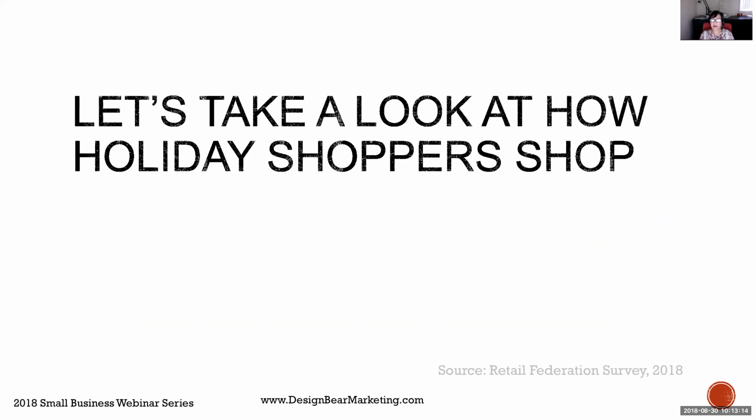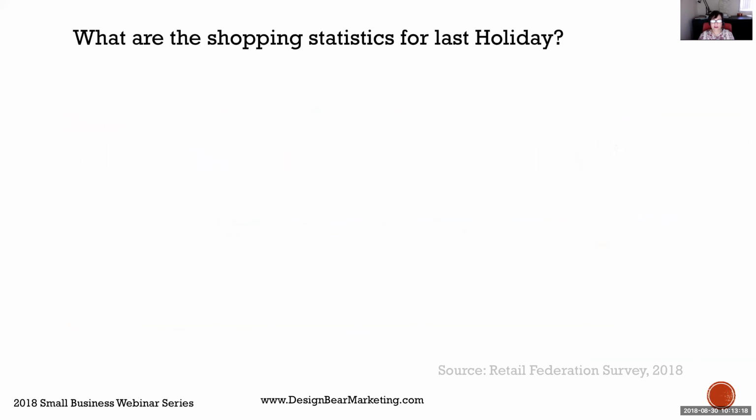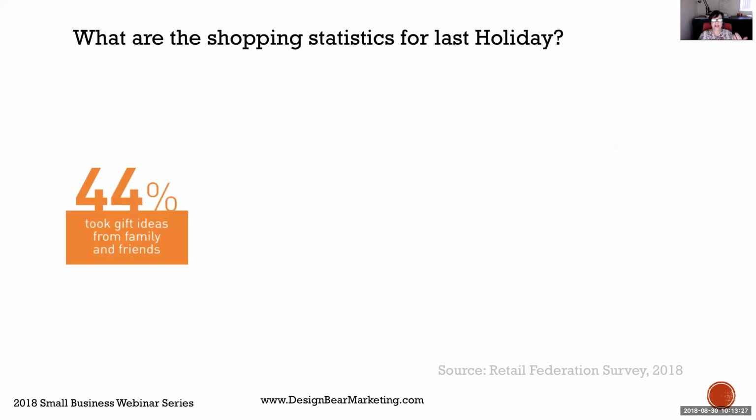So let's take a look at how holiday shoppers shop, because they are a little bit different than our regular year-round shoppers. And I'm going to use some statistics from the Retail Federation. These are very current. They're from last year, and they're pretty relevant for this year too. 44% of shoppers took gift guide ideas from their family and friends.